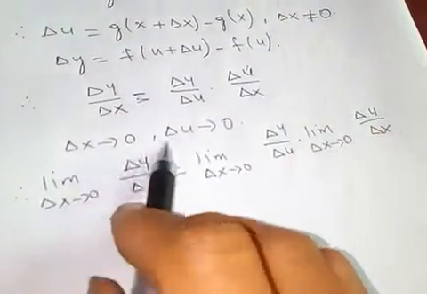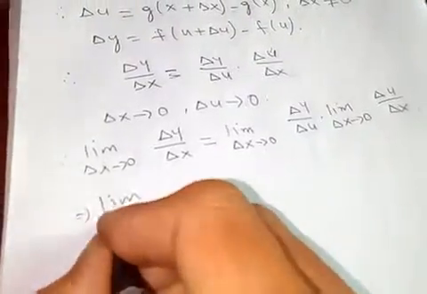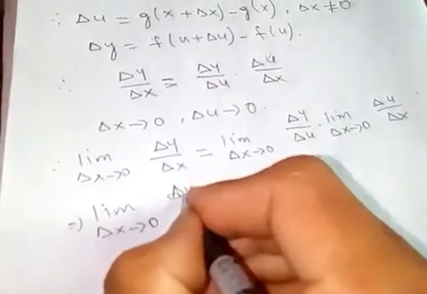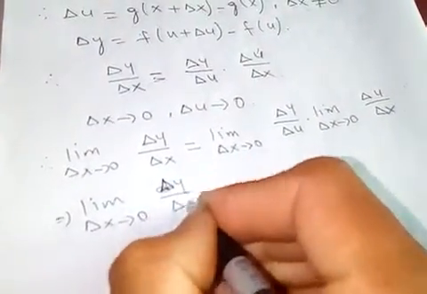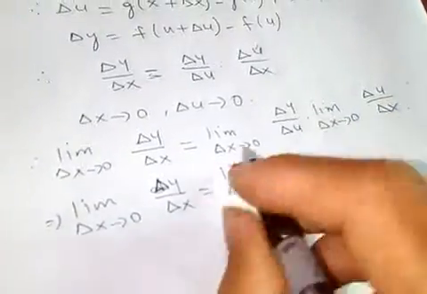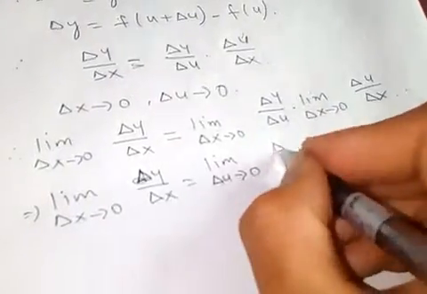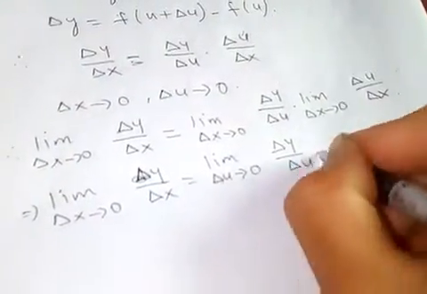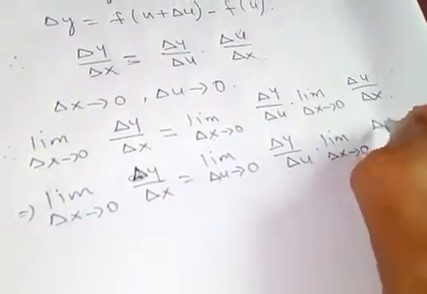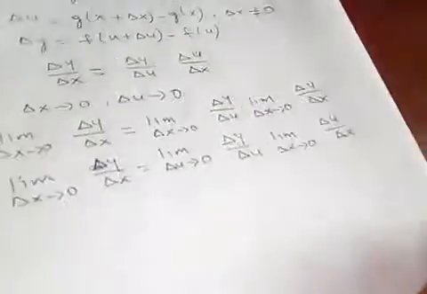Since delta x tends to 0 and delta u also tends to 0, the limit as delta u tends to 0 of delta y by delta u times the limit of delta u by delta x.